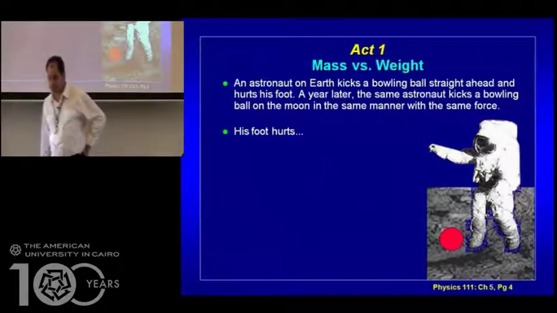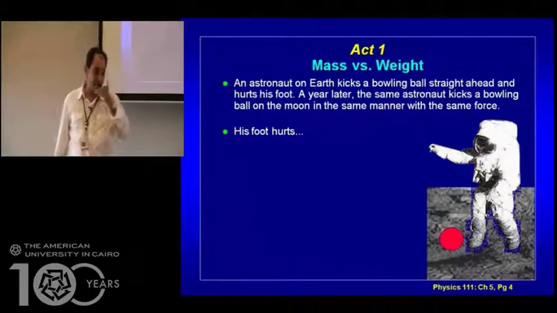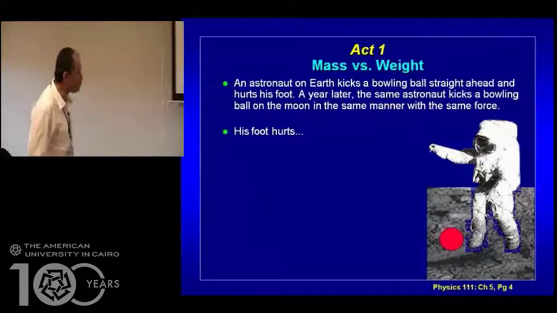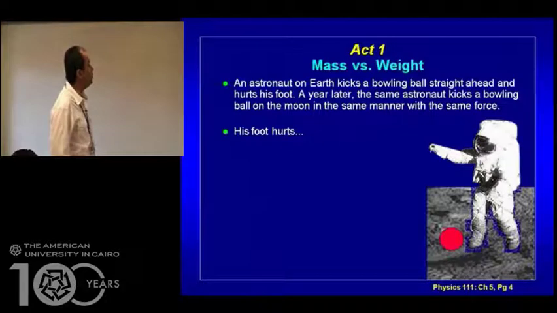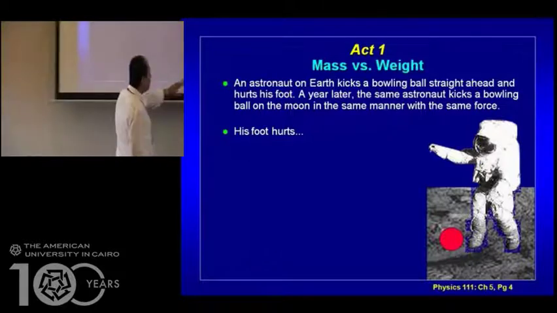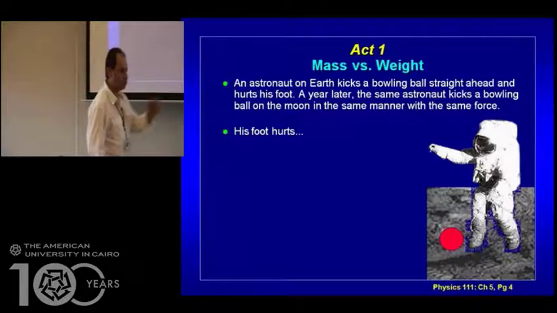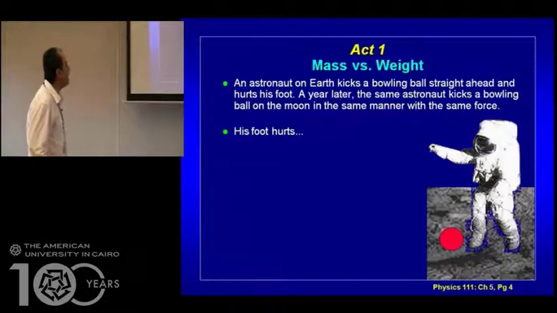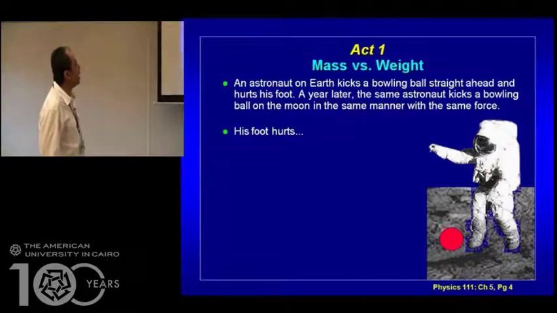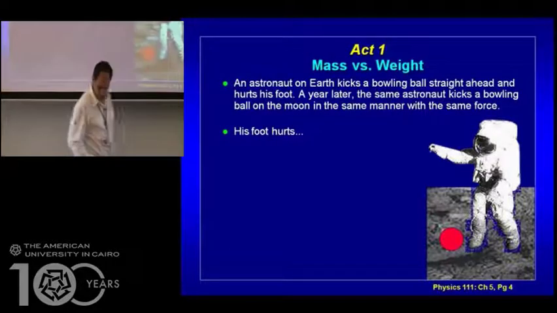Now, look at this. An astronaut, that's Nagy in a few years, will kick that heavy stainless steel ball on the ground, on Earth. It's really heavy, it's a bowling ball. And he will hit it also on the moon.